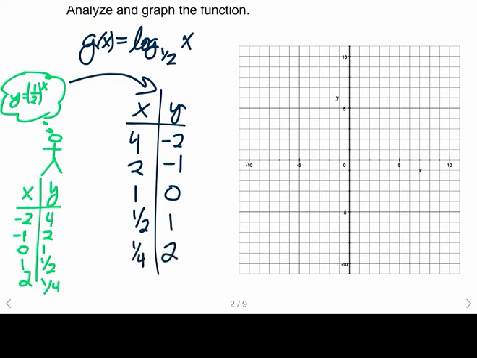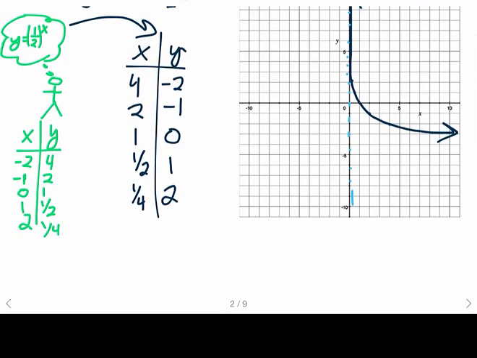Now we're going to plot these points and then connect them with a nice smooth curve. Looks like it's going to be asymptotic up on the y-axis and then curve down. We see that there's a vertical asymptote, and that's going to be characteristic of logarithmic functions. We can also see about the domain. So let me write some of that stuff down.